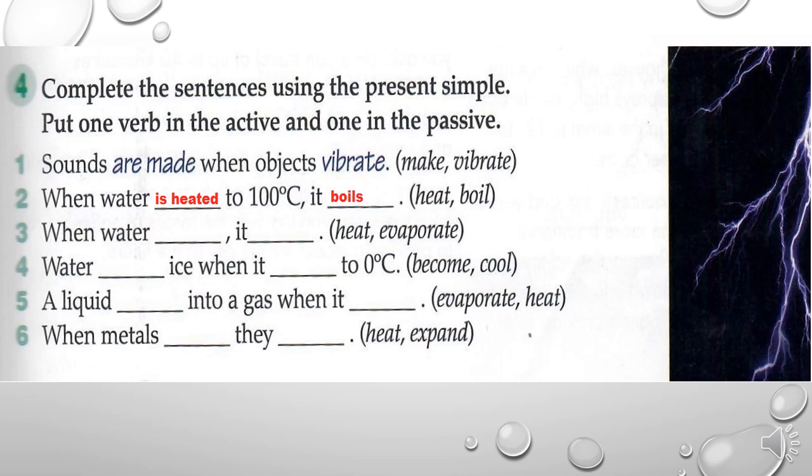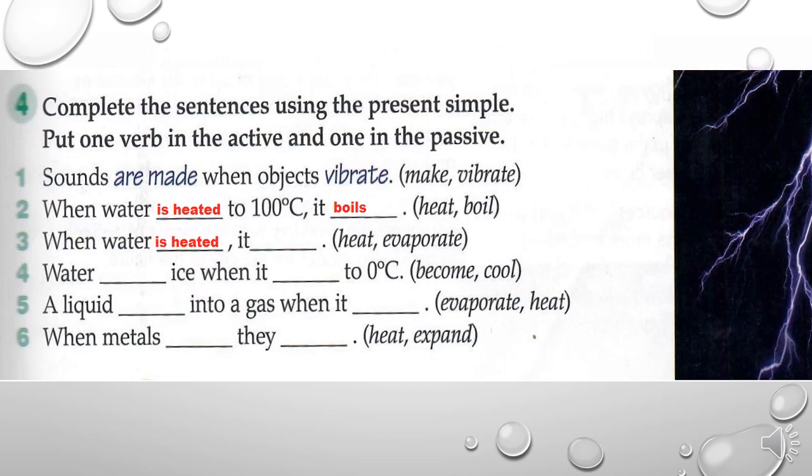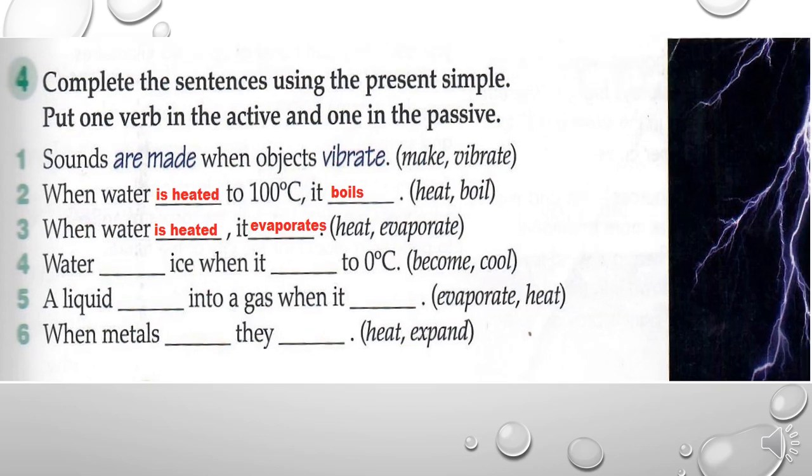Number 3, when water, again, water is singular, so that's why we have to use is. And the past participle of heat is heated. So when water is heated, it evaporates. Number 4, water becomes ice when it is cooled.